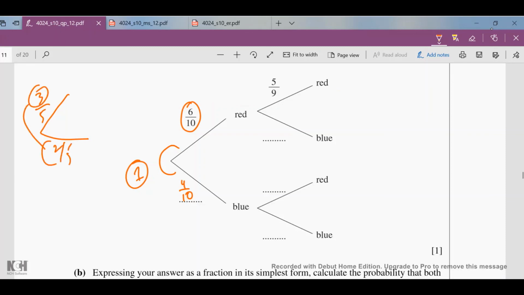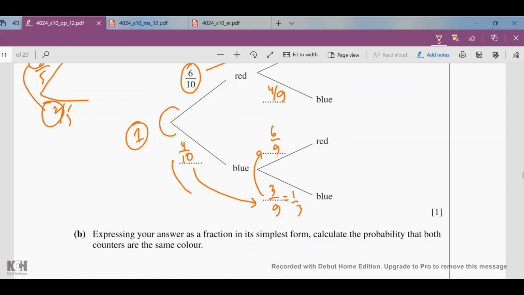So when I move here, without replacement, this 5 upon 9 means this will be 4 upon 9. And from here, 4 upon 10 will become 3 upon 9, and this will become 6 upon 9. You can also simplify, it is up to you, but this is the tree diagram we have done.